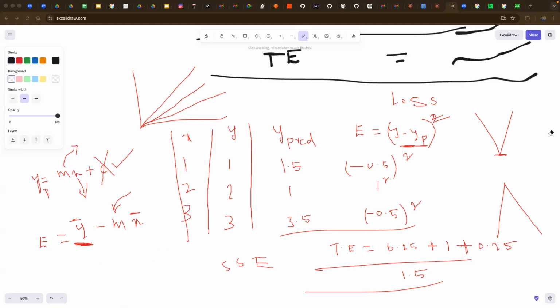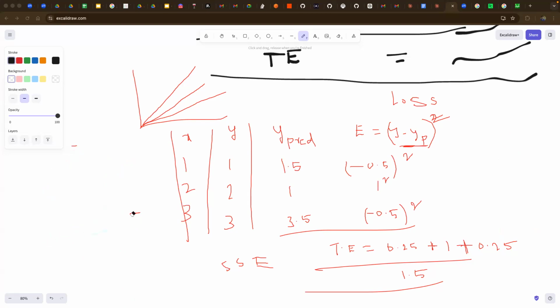And if you substitute those values in this equation, let me derive that as well. That SSE, sum of squared errors, is the loss function. We call it cost function, loss function, everything is the same.